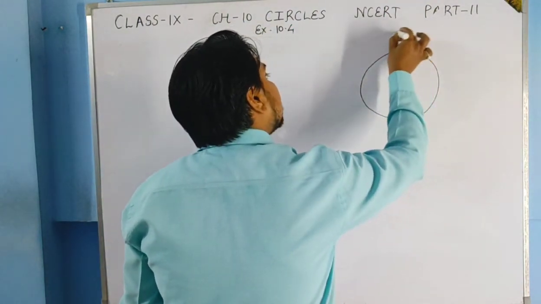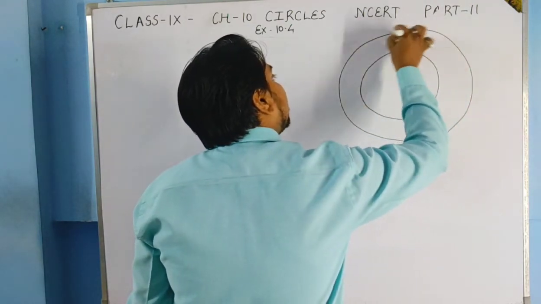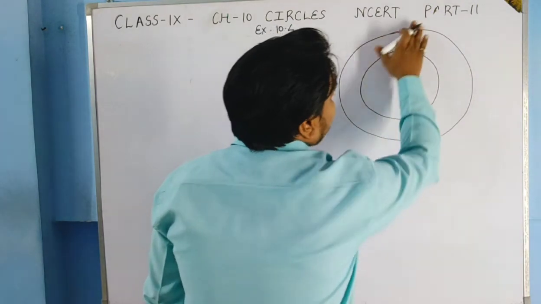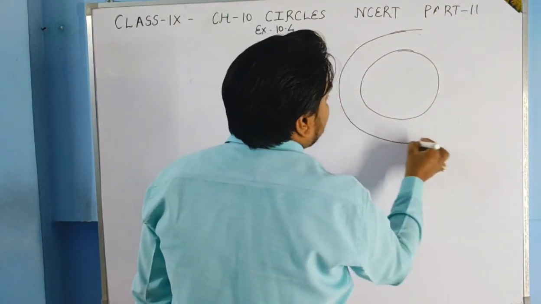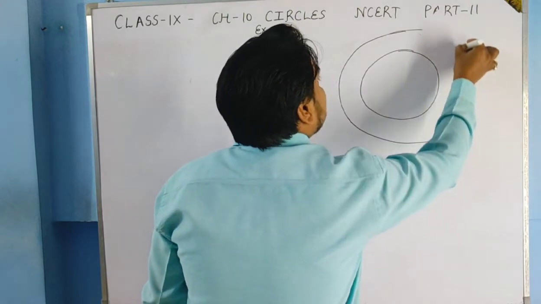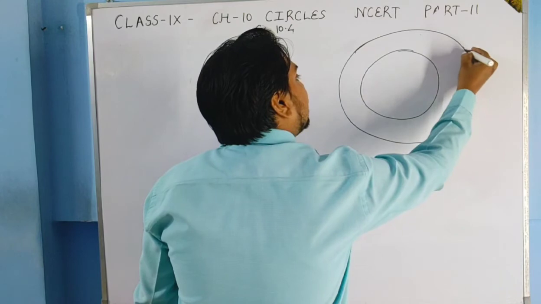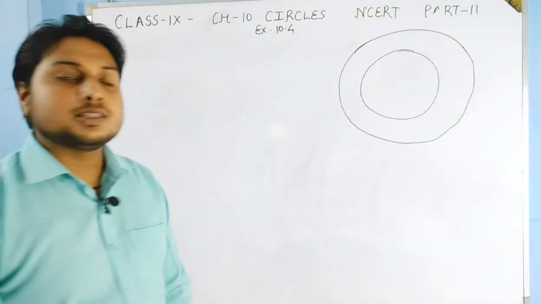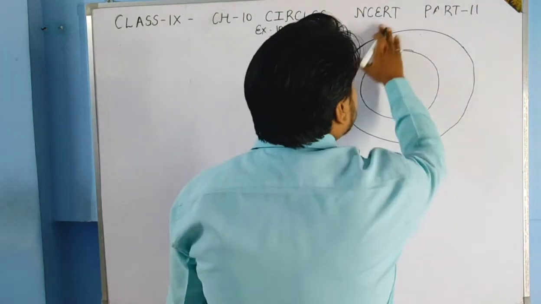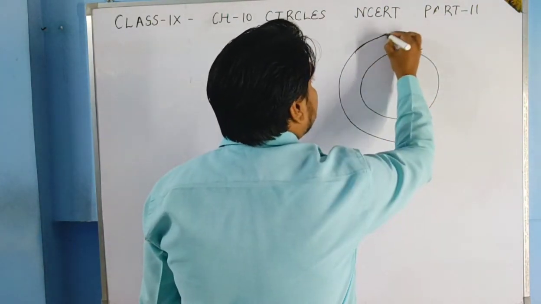Concentric circles means circles having a common center. In simple words, if at a center more than one circle is there, then you can say that the circles are concentric.